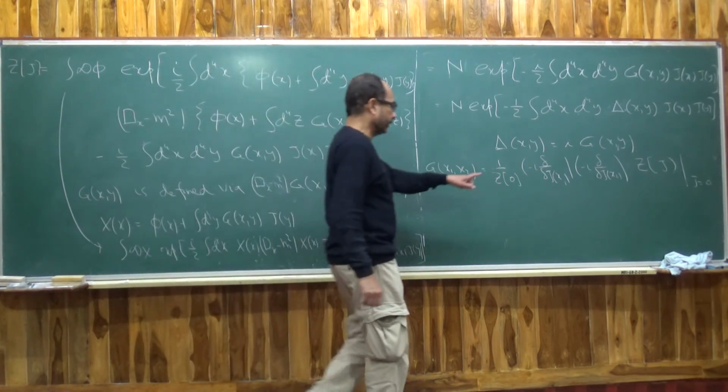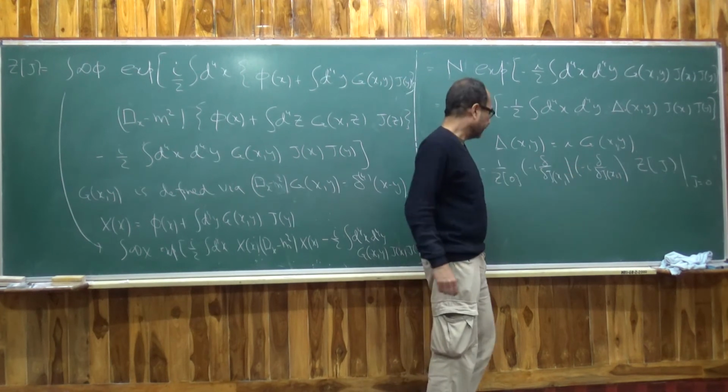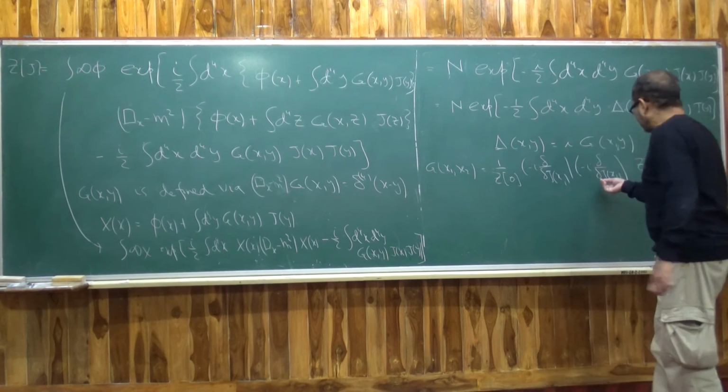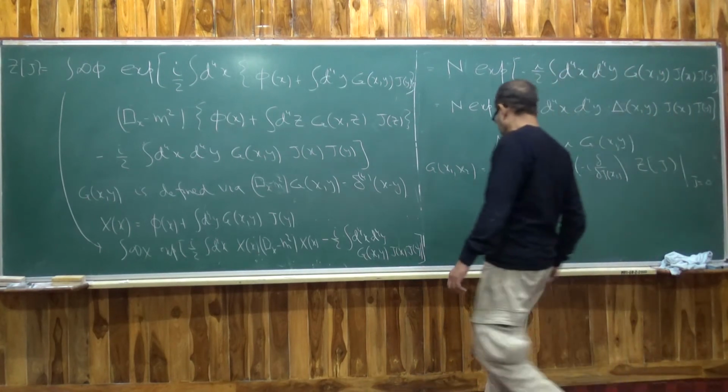So what will you do? First of all, minus i times minus i gives you a minus 1. Let's first apply delta delta j of x2 on this. What will you get if you apply delta delta j of x2 on this?